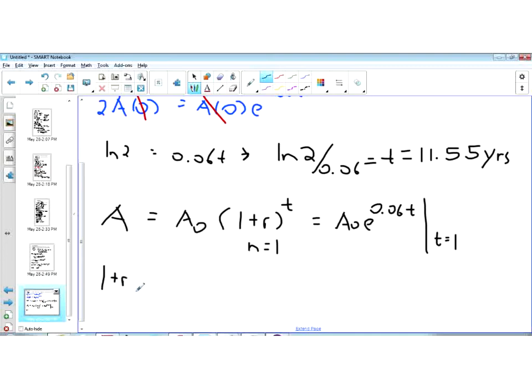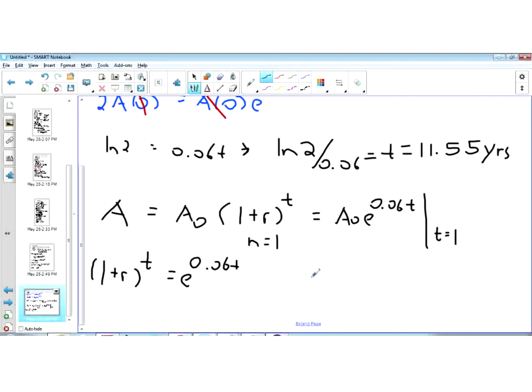All right, so we can go ahead and solve. So 1 plus r to the t, okay, is equal to e to the 0.06t, okay? And since t is 1 for 1 year, we have 1 plus r is equal to e to the 0.06.